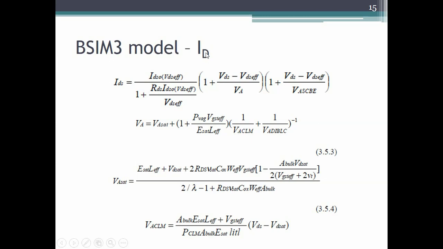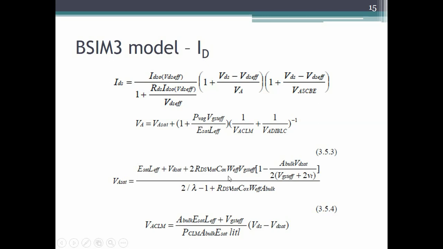So this is the model we'll use. We will not worry about the equations. SPICE will worry about it. The BSIM3 model has a large number of parameters. As I said, ESAT, L effective, VDSAT, A bulk, PCLM, all these are parameters.